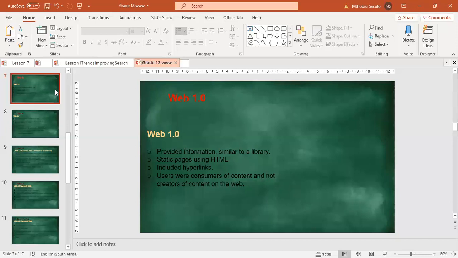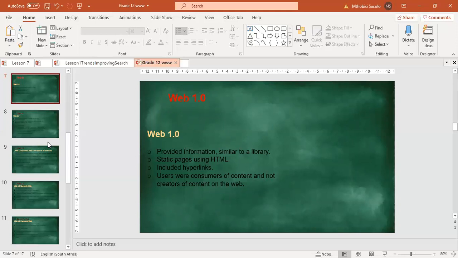Actually, with this topic we are going to look at the web from the beginning of the web. We did a topic like this at grade 11, but now we're going to be looking at some other things that we didn't do at grade 11.